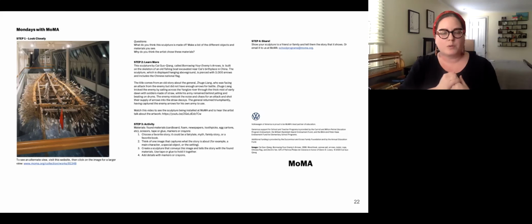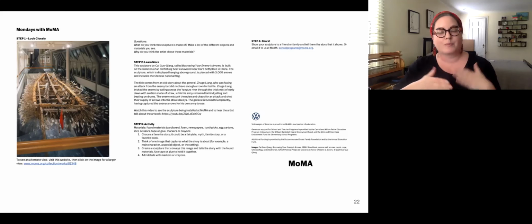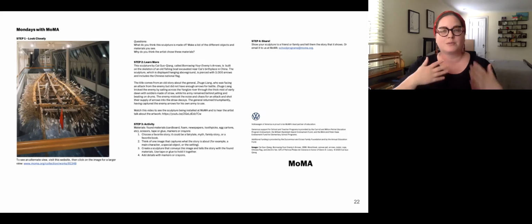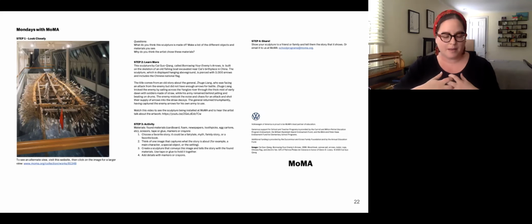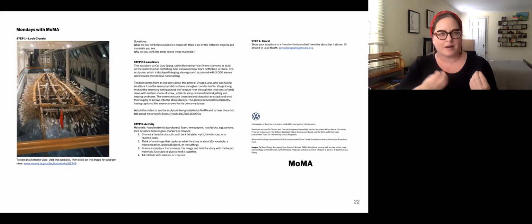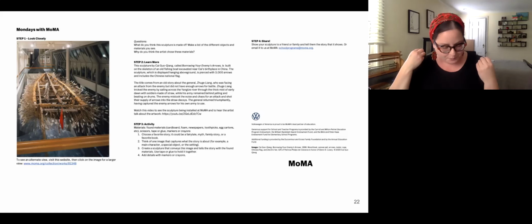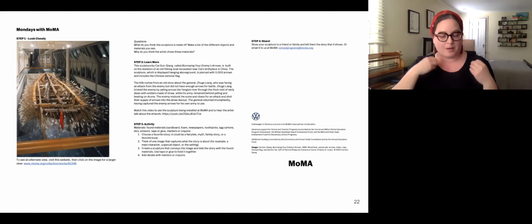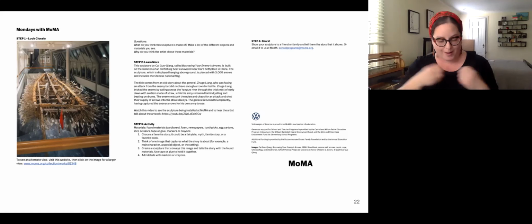A couple of things we wanted to maintain: we wanted to maintain the inquiry-based approach that we used. We wanted to prioritize looking over providing information. We wanted to engage students in this. Encourage conversation, which again is a funny thing to think about if you're thinking of a lesson plan, but we wanted the lesson plan to be built around conversation and also built around an artwork.